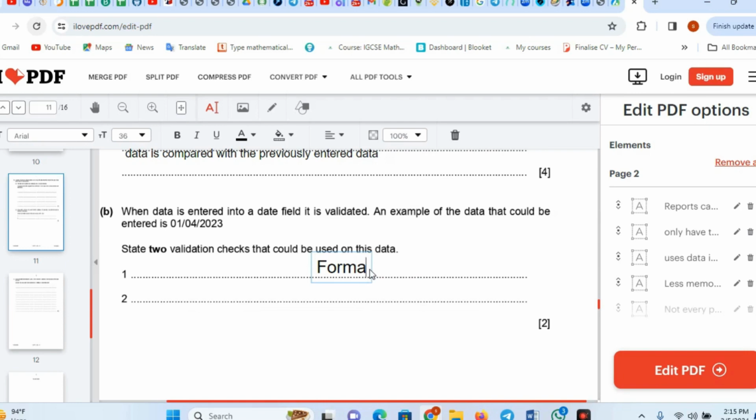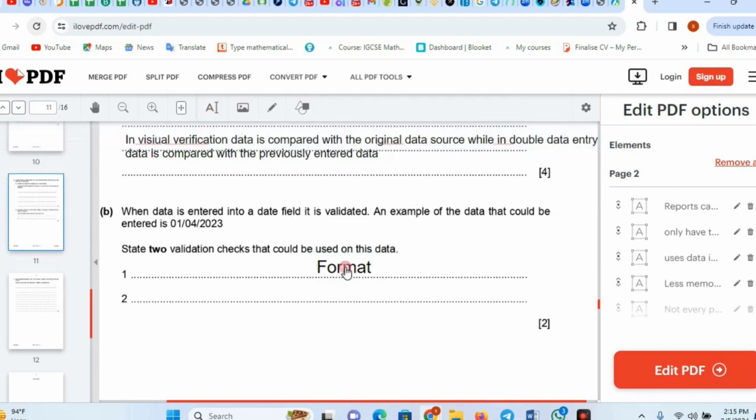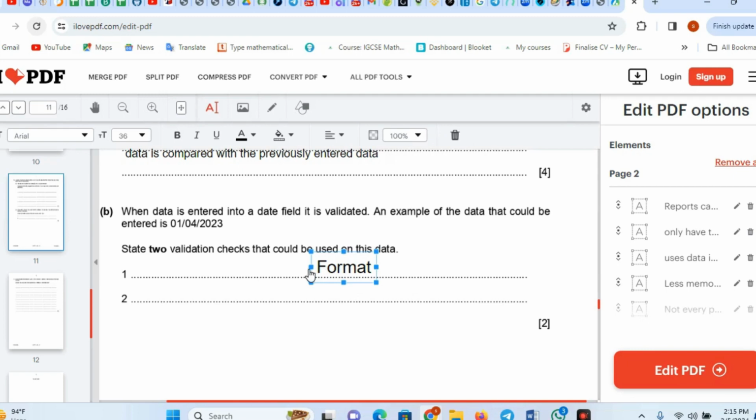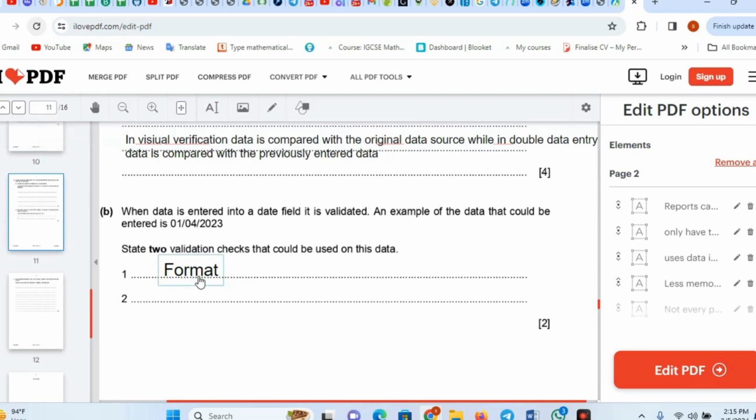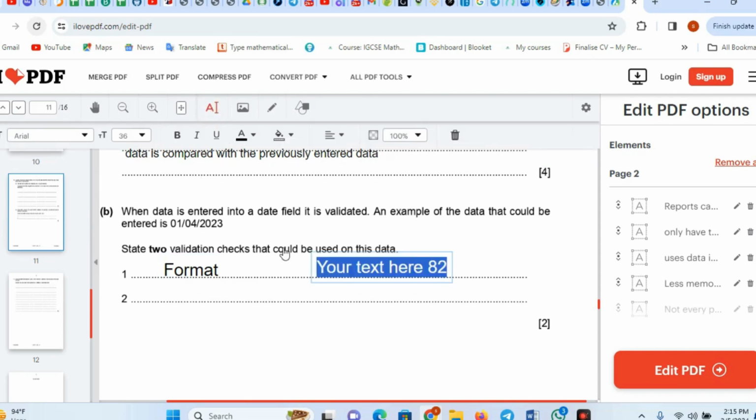You can change the format. Another one is the length. You can decide to remove this 01 and just put 1, remove 04 and just put 4. So you have 1, 4. Even 2023, you can decide to put 23, so 1, 4, 23 instead of 1, 4, 2023. So that's the format.